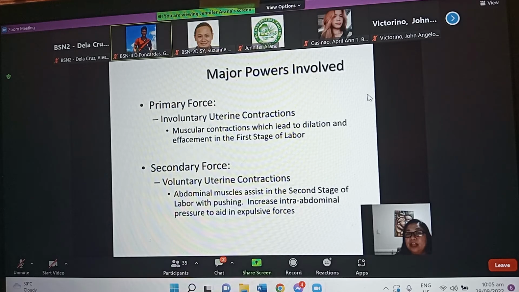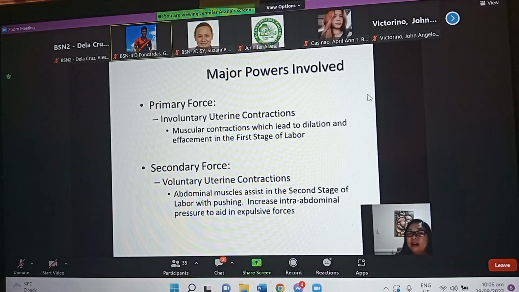The maternal contractions, on the other hand, is when the woman adds voluntary pushing force to the force of contraction during the second stage of labor to propel through the pelvis. So primary force, involuntary uterine contraction.